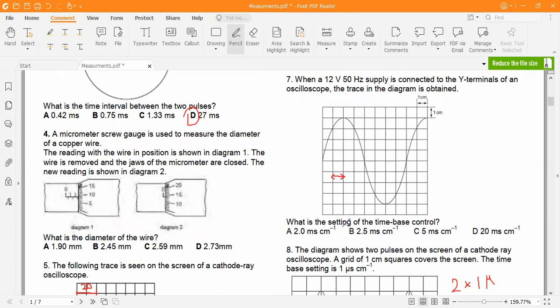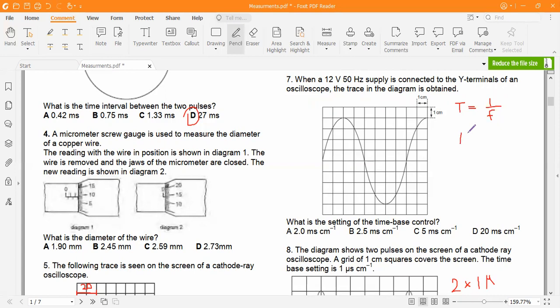So we need to find the time base. f is equal to 1 over t. So the time base would be 1 over f. No, that is the time period. We will use that formula to find the time period. So yeah, you are in the right direction. First we'll use 1 over f. We know that t is equal to 1 over f. And f is 50.